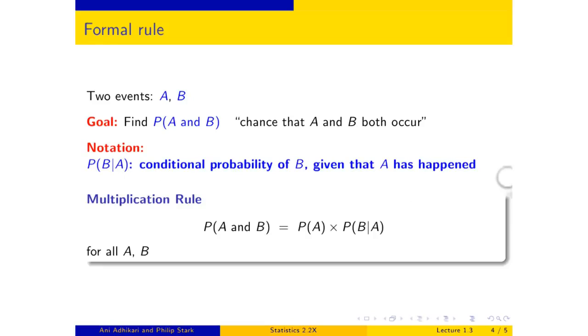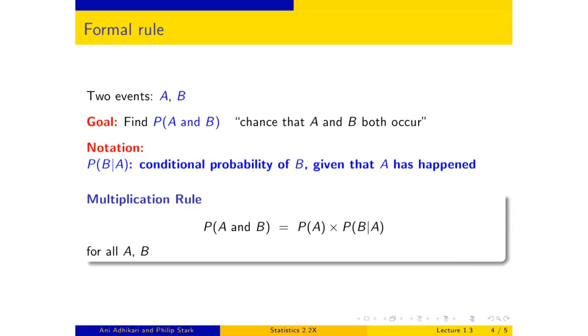And so what's the rule? Well, the rule is to find the chance that A and B both occur, and it says take the chance of A and multiply it by the conditional chance of B given that A has happened. That works for all pairs of events on your set of outcomes.